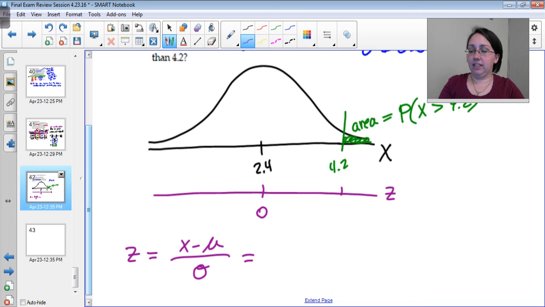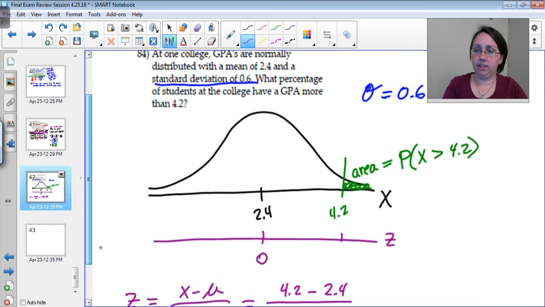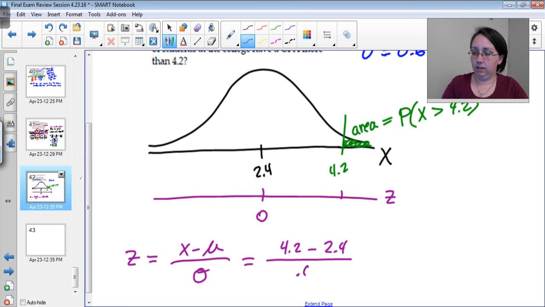All right, x is 4.2 minus your mean 2.4, divided by, what was sigma? 0.6. All right, so what is that? 1.8 divided by 0.6? Did I do that right? 3.